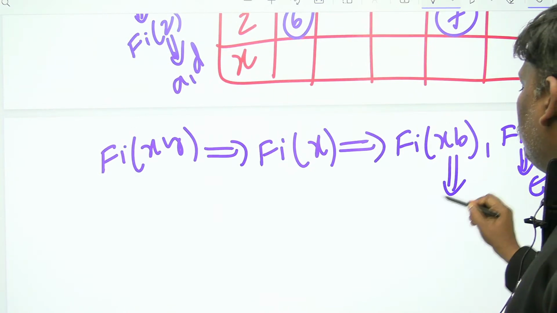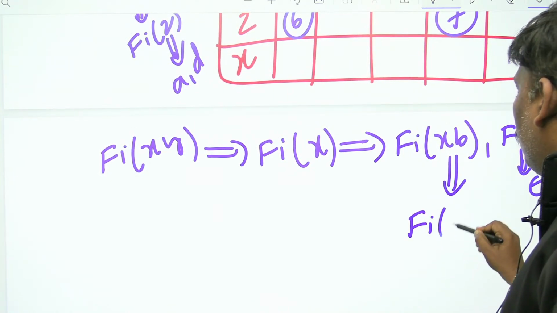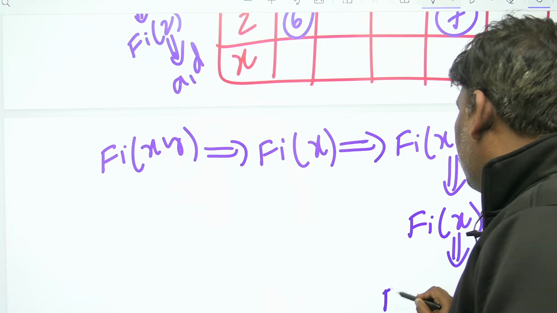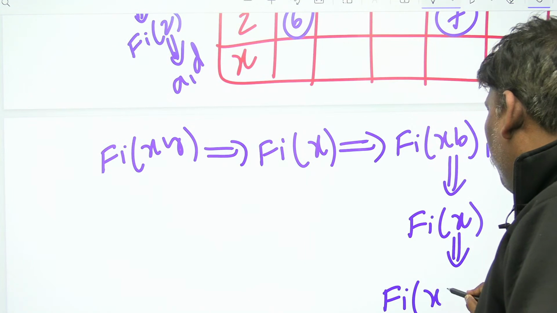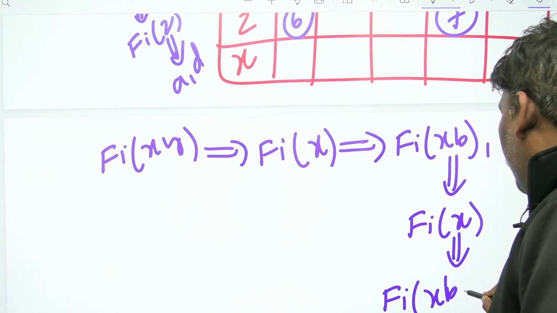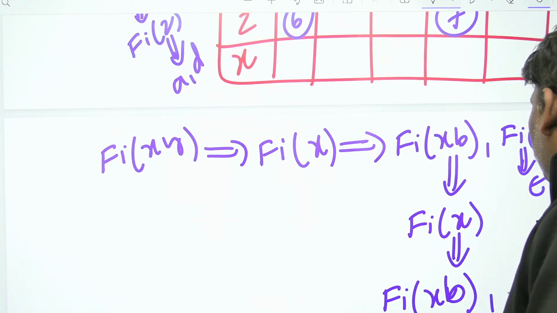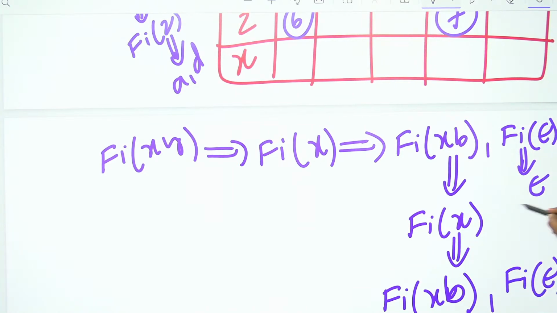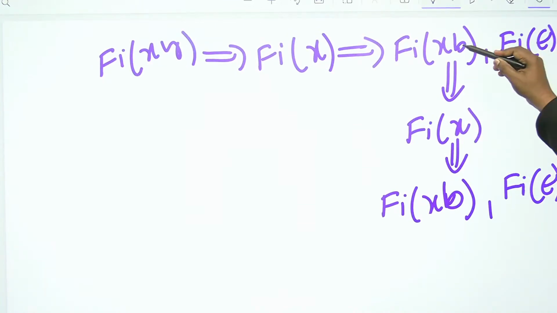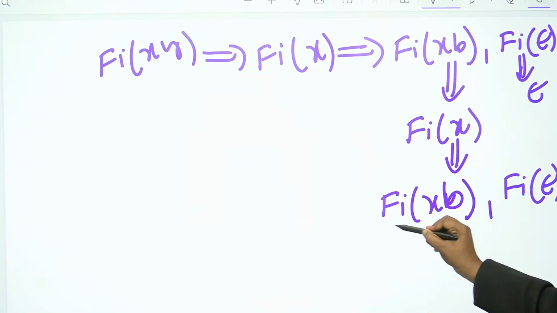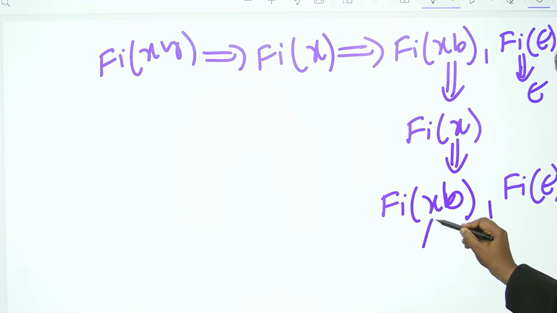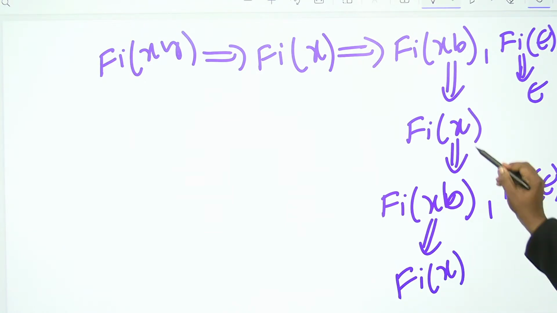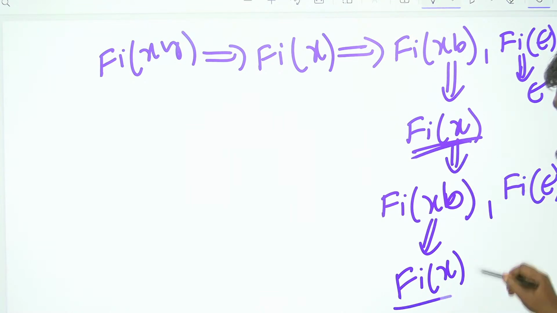First of XB means first of X. Again, the same. People make a small mistake here, please be careful. First of XB means first of X, which means both will come. This is first of X calling first of X, no use, that's okay.